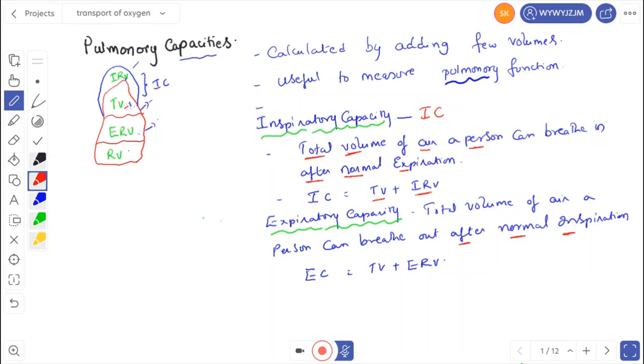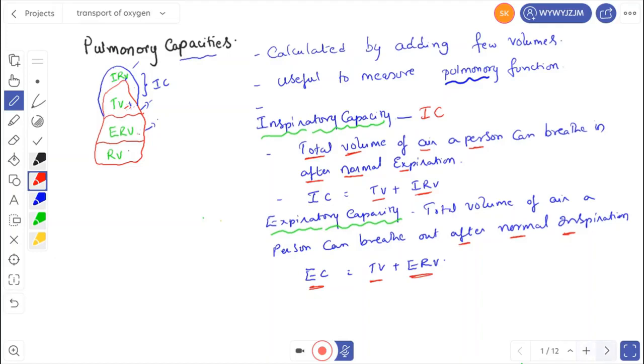By normal expiration, you can send out this one; by forceful expiration, you can send out this one. This is your expiratory capacity: the total volume of air a person can send out after normal inspiration. That is called EC. EC is represented as tidal volume plus ERV.